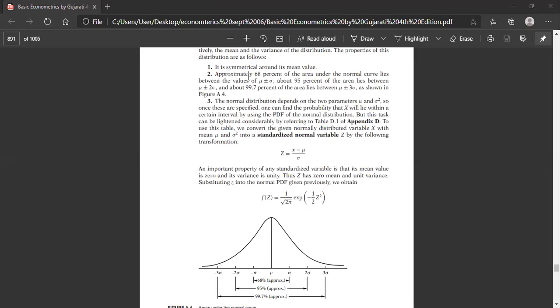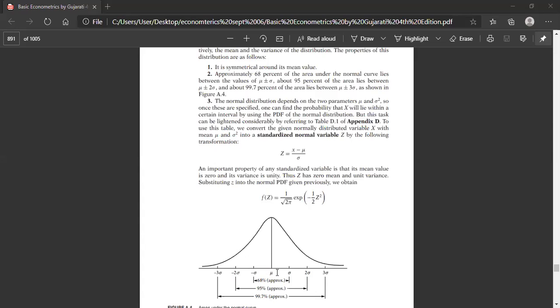Even though number 2 is an interesting, beautiful property of normality, even though the values of x can go from minus infinity to plus infinity, most values lie around the mean, around mu. You will be amazed if you think about it.